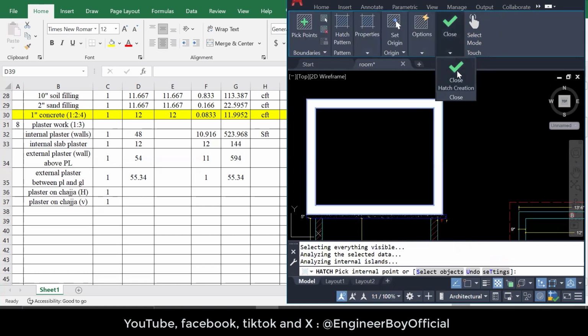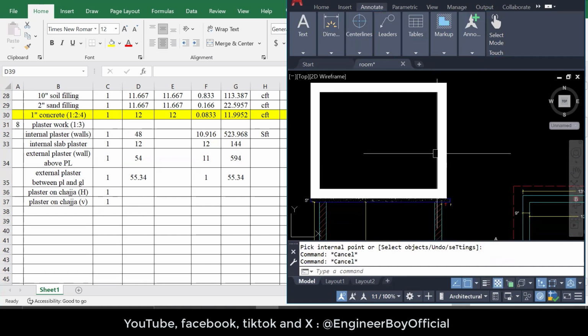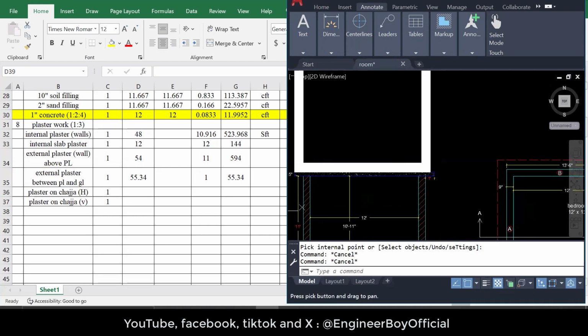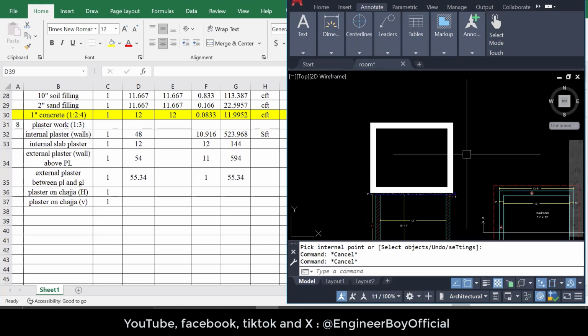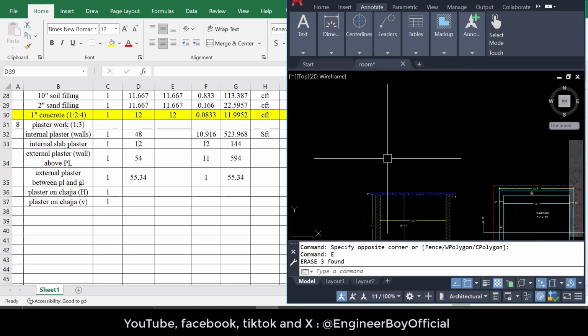So how do you determine the area of the same shaded area? It's very easy. We have to subtract the internal rectangle, you can say square, from the external square. Or we have to determine the center line length and then multiply that with the width, which is actually 1 feet only. Okay, so this is what we have to do.